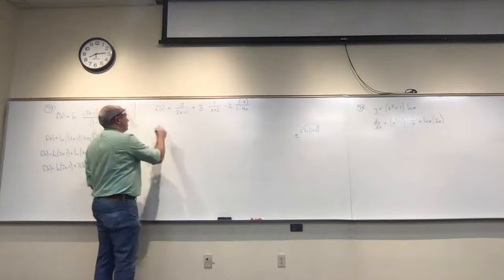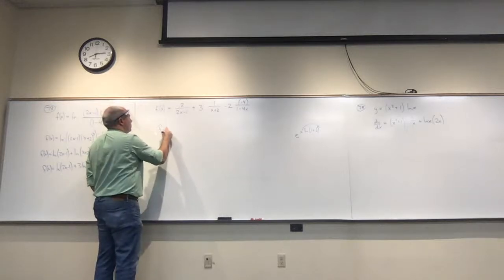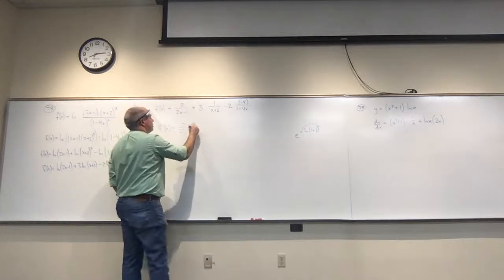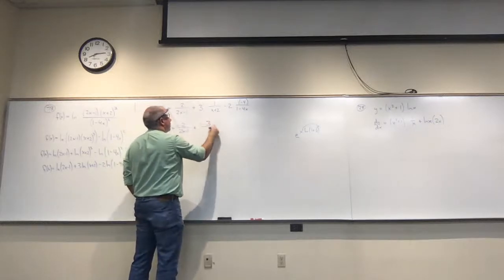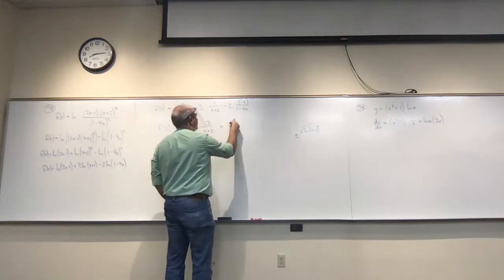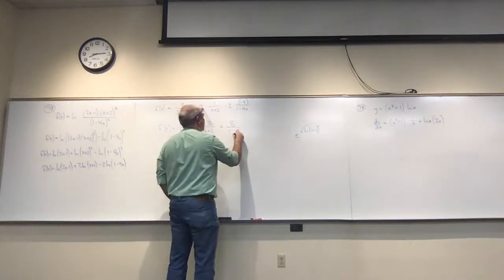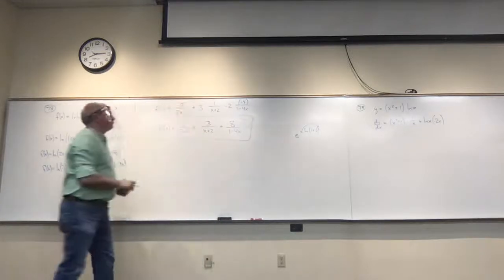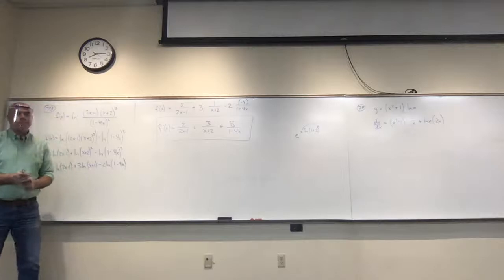So if we wanted to write that one more time, f prime of x is 2 over (2x minus 1) plus 3 over (x plus 2) plus 8 over (1 minus 4x). That's it.